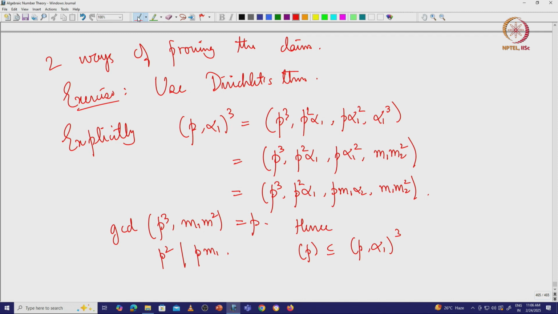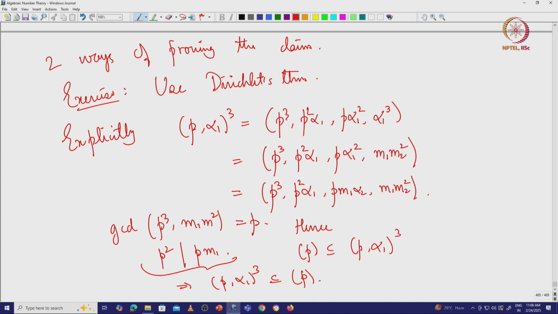I need to show that any element in this cube is divisible by p, but we have already shown that each of these elements is divisible by p. So, these two together imply that p alpha 1 cubed is contained in p. Hence we are done with the claim.